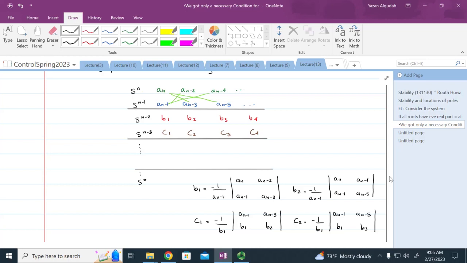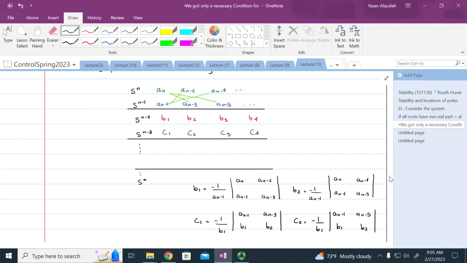And then we're going to calculate this row. When we calculate the row after it, C1 is going to be the same thing. Negative 1 divided by B1, and then we calculate the determinant using these two elements and these two elements. C2, negative 1 divided by B1, these two elements.